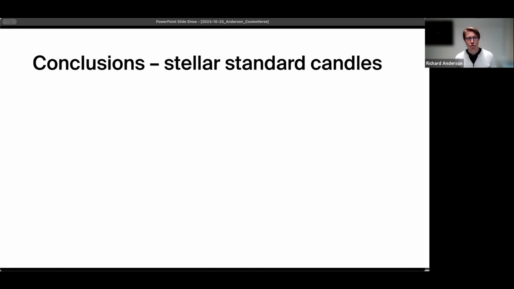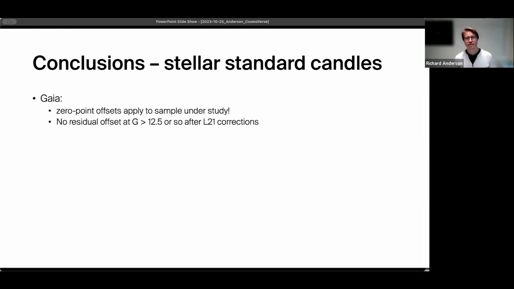So a few conclusions, because I think my time is coming to an end. Some conclusions on the stellar standard candles. I spoke to you about Gaia, and I think the most important take home is that if you're using Gaia parallaxes, then you have to figure out the residual zero-point offset that applies to your sample under study self-consistently with your study.